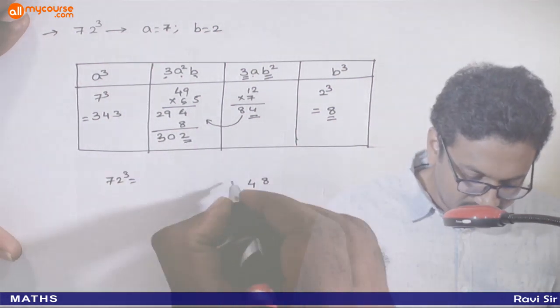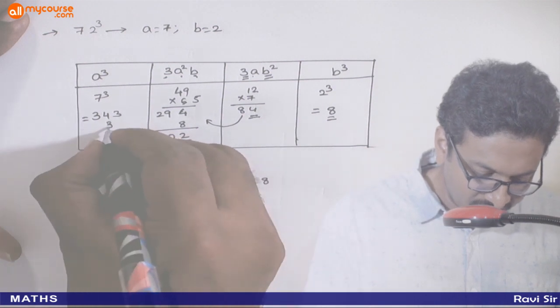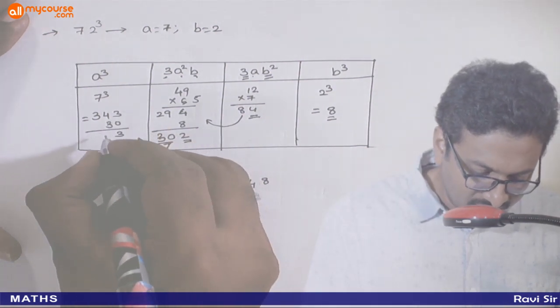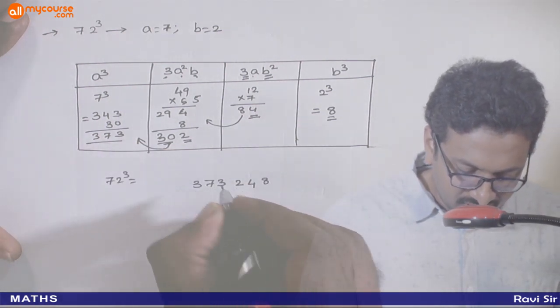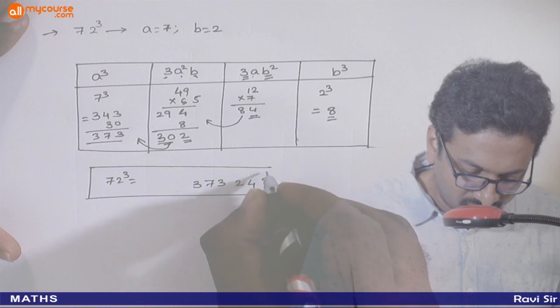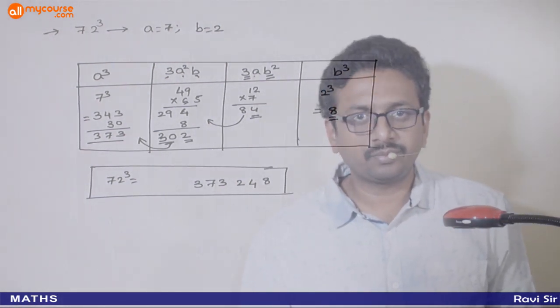The last digit is 2 here, and carry forward this 30. Adding it gives 373. So 373248 is the cube of 72.